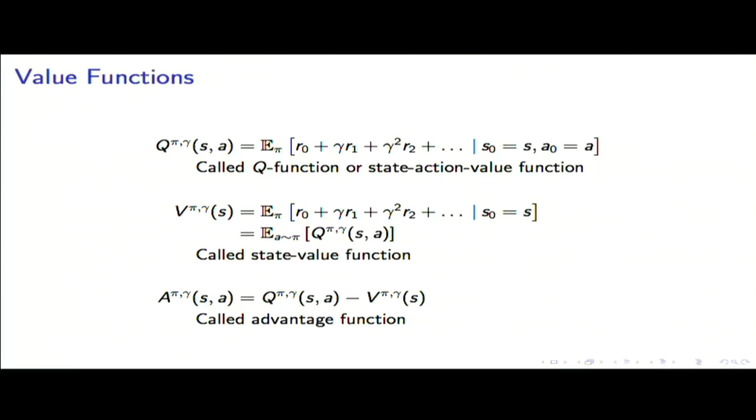This is defined as the expected sum of rewards conditioning on the first state and the first action. Then we've got the state value function, where we condition on just the first state. And we can also write down the advantage function, which is the Q function minus the value function. That's telling you whether action A is better or worse than the average action that policy pi would have sampled.